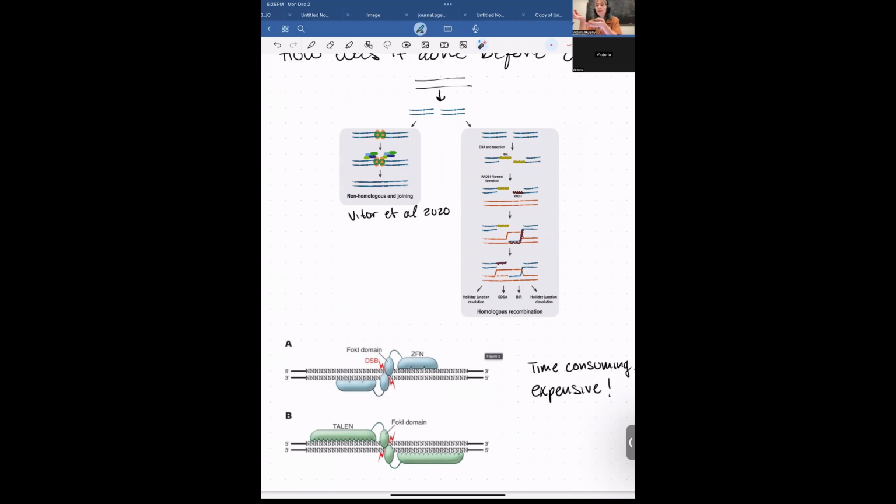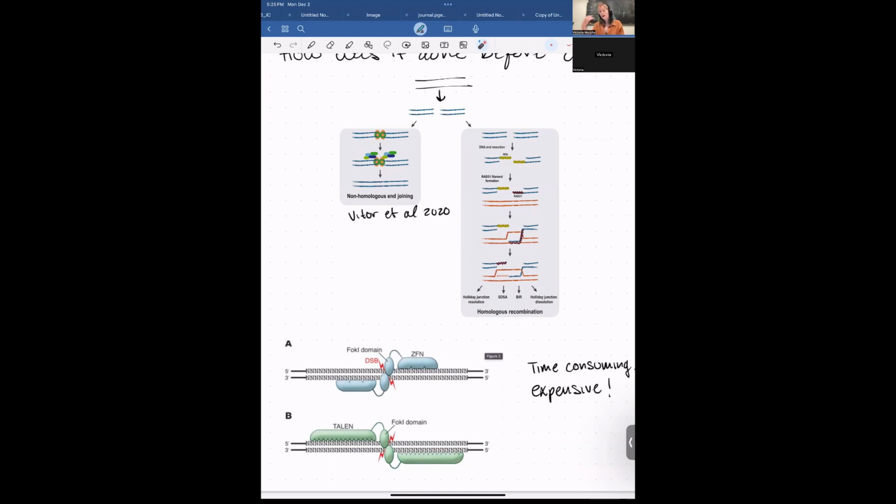People had known how to induce double-stranded breaks in other regions of the genome, but to make one exactly where you want it to be, it required the development of these zinc finger proteins or TALENs, where you design a protein that is able to recognize your sequence of interest.